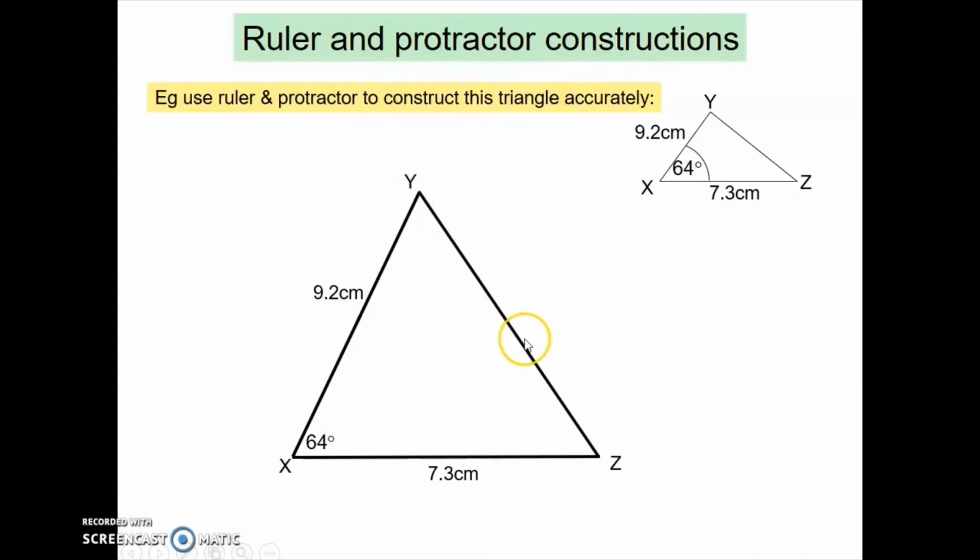So then if I join up Y and Z, this now is an accurate scaled drawing of this diagram. This is exactly 64 degrees, exactly 9.2 centimeters, and exactly 7.3 centimeters.